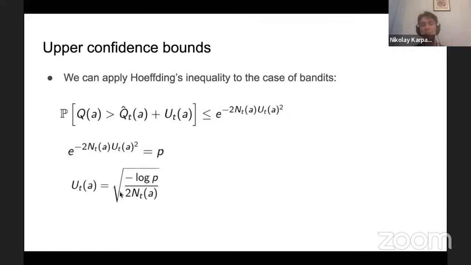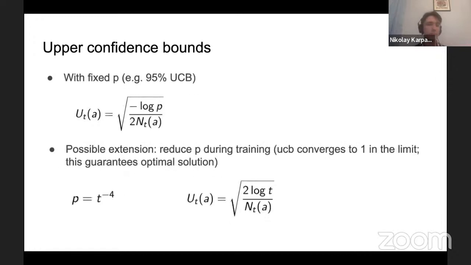And given the sample size, we can estimate the upper confidence bound by the square root. So in the case of a 95% upper confidence bound, we can estimate it as the square root of minus log probability divided by 2 multiplied by the sample size.